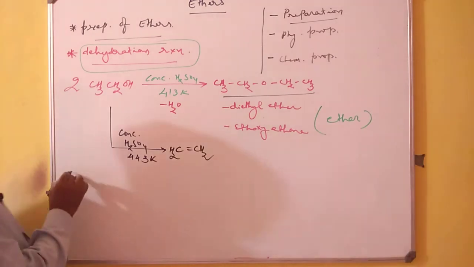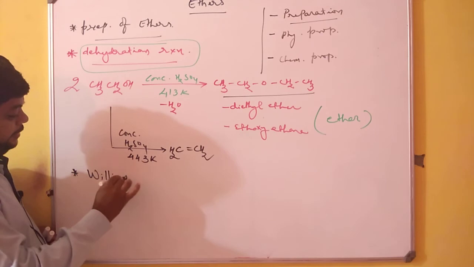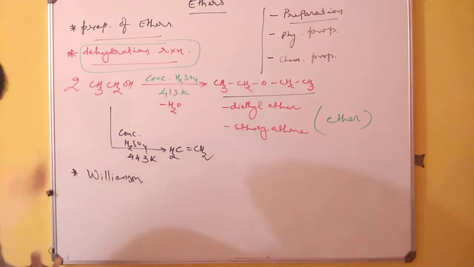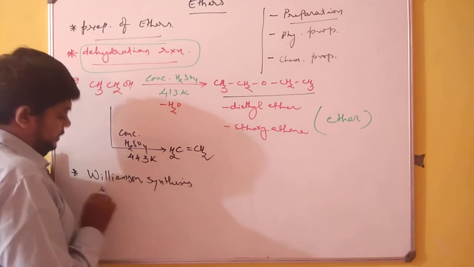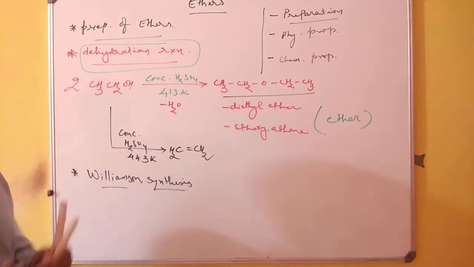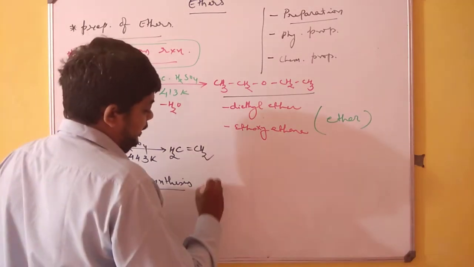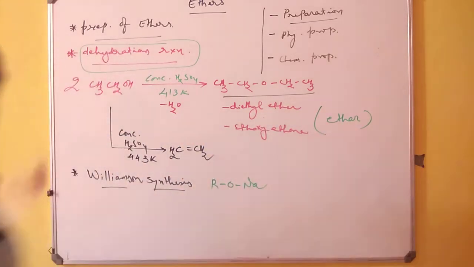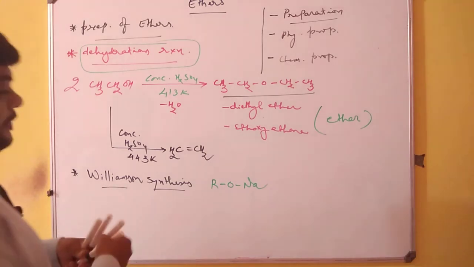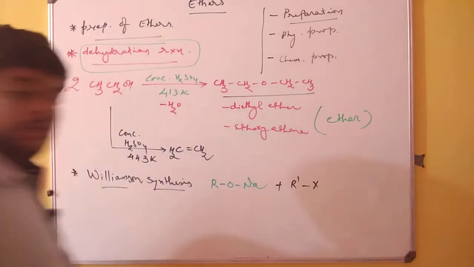Now let us think of second and one of the most important reaction when it comes to the synthesis of ethers, that is Williamson synthesis. See, whenever we say Williamson synthesis, always take two different reactants into consideration. RONa, that is different sodium alkoxides, and these different sodium alkoxides combine with haloalkanes.